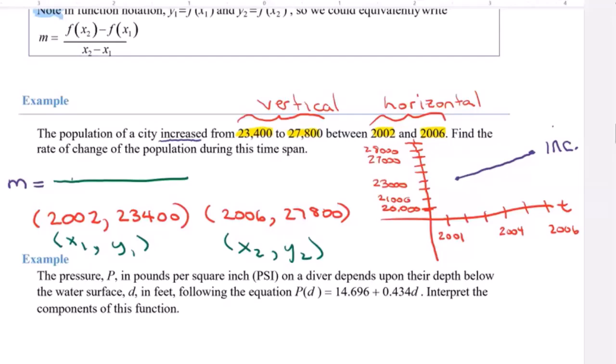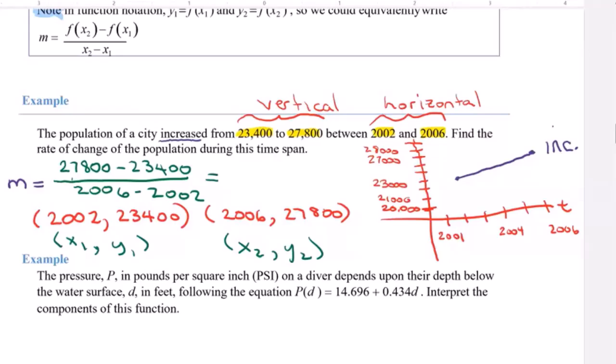And I'm going to say my y2 minus my y1 divided by my x2 minus x1.